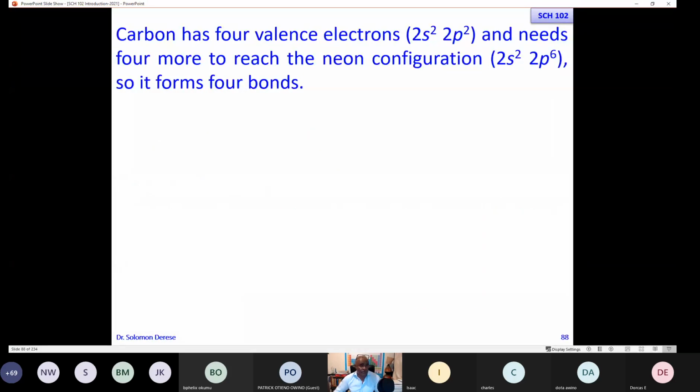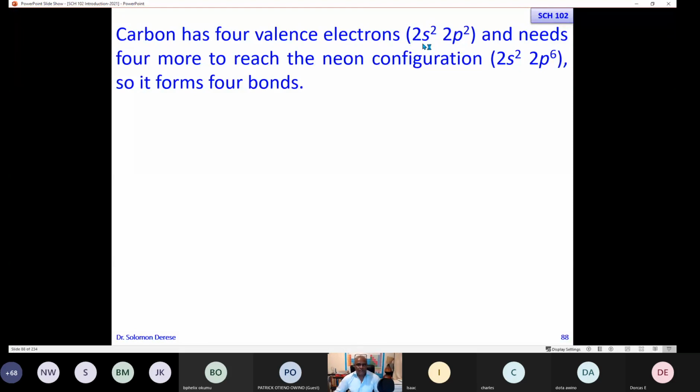If you take carbon, it has got 4 electrons in its valence shell. The valence electrons are found in the s and p subshells. Its electron configuration is 2s2, 2p2, all in the second shell, the outermost shell. Carbon has got 4 electrons.